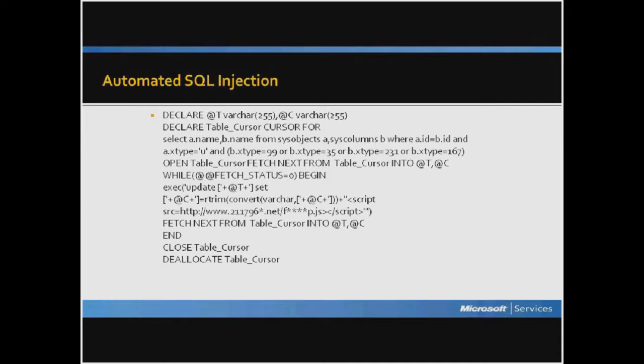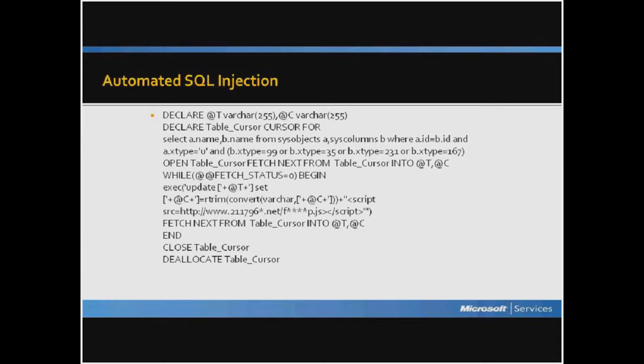Because what it wants to do is, as we go down a little further, you see it executes another piece of script. And that script is an update statement, like we looked at earlier when we changed the contents of article number 4. In this case, what it does is it goes in to each row in each column that has a text type, and it appends a script tag to that.